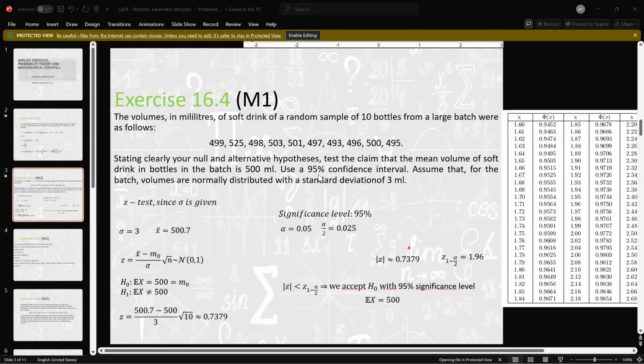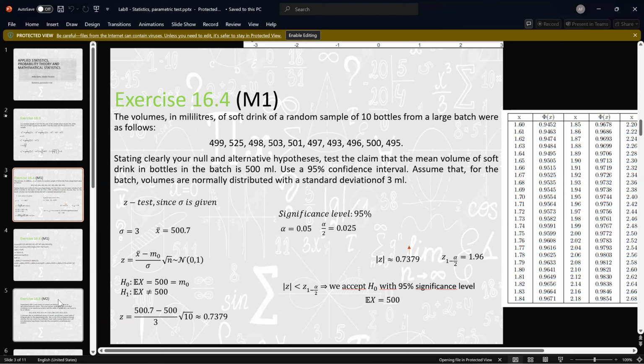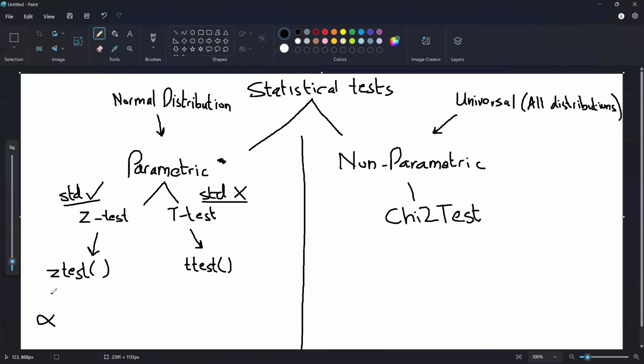So one thing that is used a lot in the data and the test is alpha. Alpha is also written like this, and standard deviation is written as sigma.